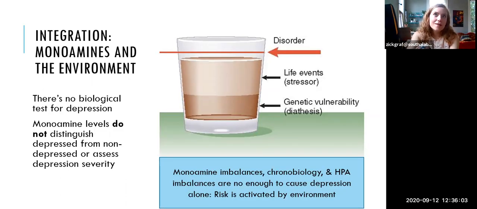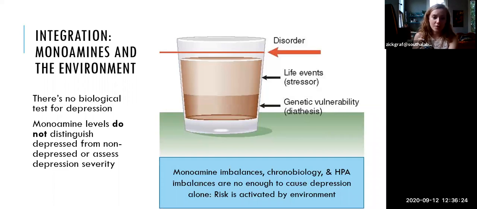So even though monoamines are definitely important, the fact that we can't test biologically for depression, we can't take someone's blood and look at their levels of serotonin or the balance of serotonin, dopamine, and norepinephrine, means that monoamines alone do not cause depression by themselves.